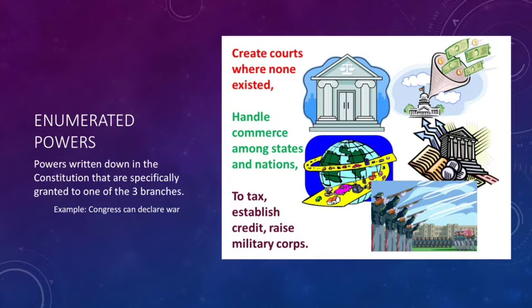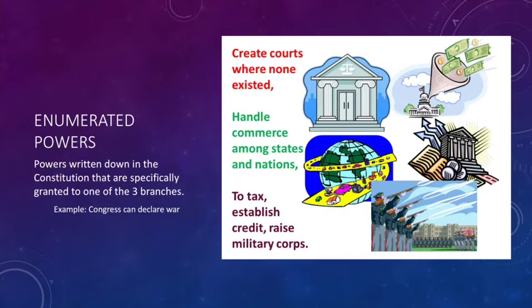A few other features of our Constitution: it specifically lays out enumerated powers. These are powers that are specifically stated in our Constitution as belonging to a branch of our government. So for example, Congress has a lot of enumerated powers, powers that are specifically stated so they know what they should be doing or what they can't be handling.